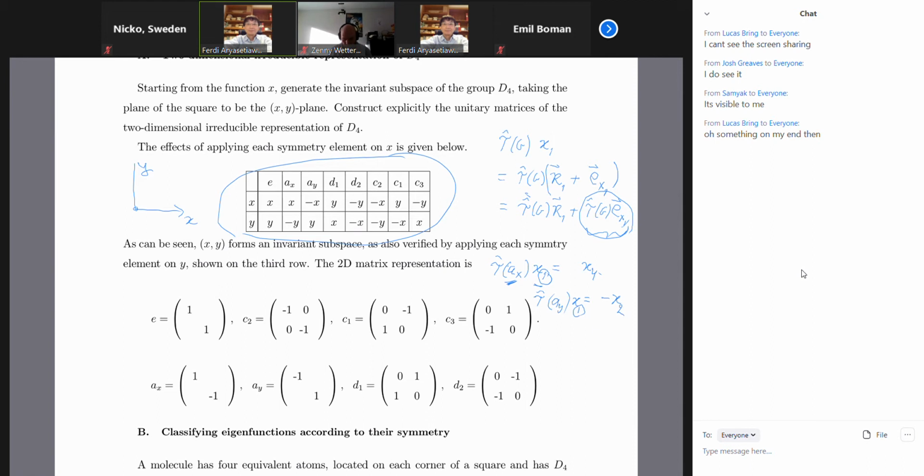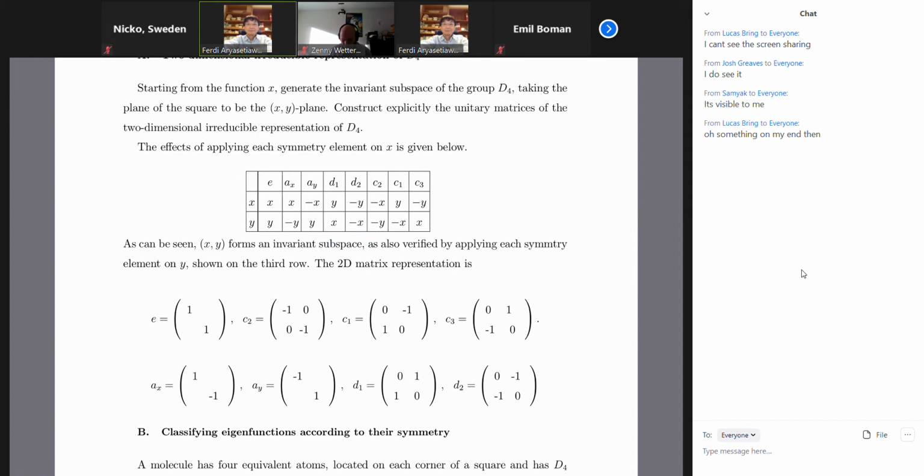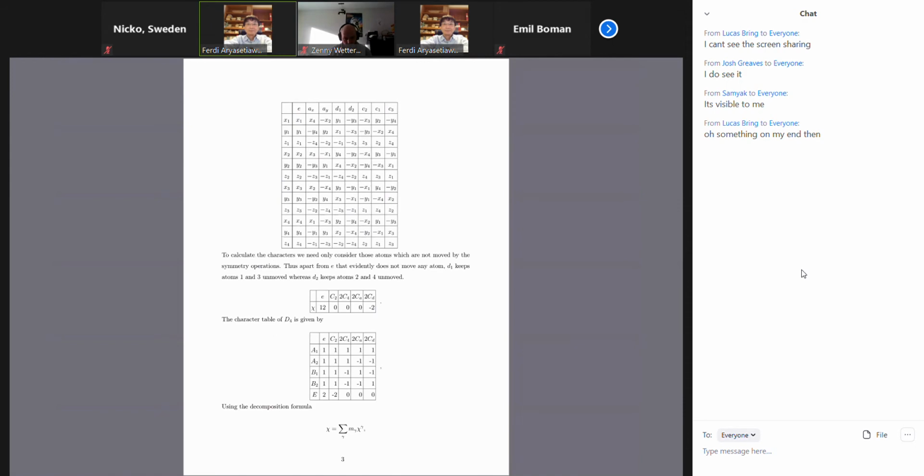So that's a more systematic way of figuring out the effects of the symmetry operations on the coordinates. But as I said, for the simple problems, we don't need to do it like this. We can just do it by inspection. But either way is fine. You can do both ways, depending on how convenient it is.